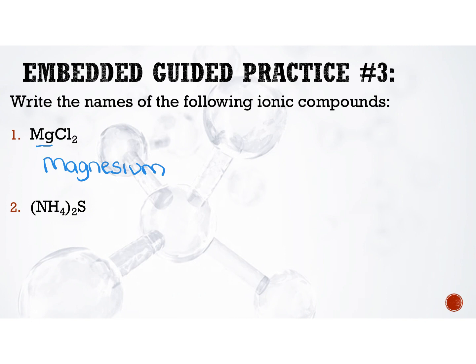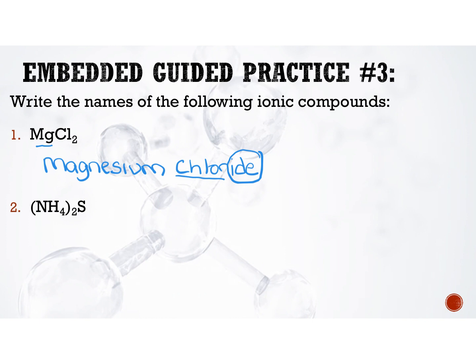And in our example here, chlorine becomes chloride. Like I said, we focus on the root, which is this piece, but we're going to change the ending to IDE. So all of our anions will end in IDE for our simple ionic compounds.